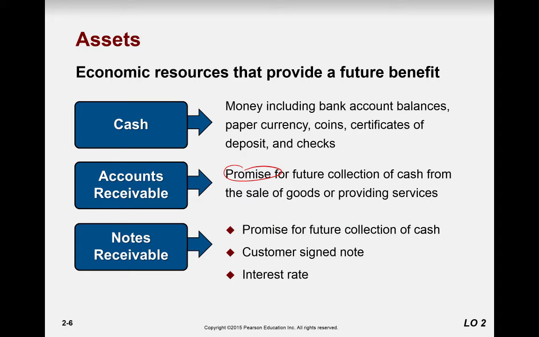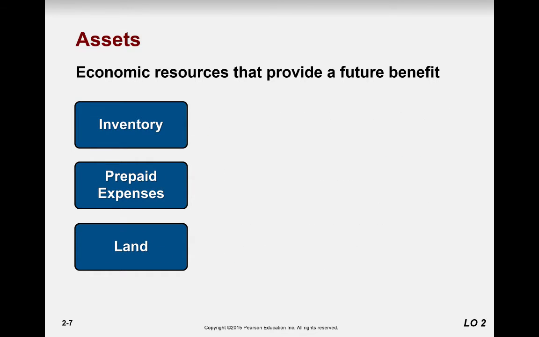Notes receivable is also a promise, but in this case, there is a signed note document. In an accounts receivable, there is usually no document other than the invoice, right? You invoice the customer for tax preparation, whereas a notes receivable has interest associated with it, and there is a signed promissory note. Other assets include inventory, whatever goods the company sells.